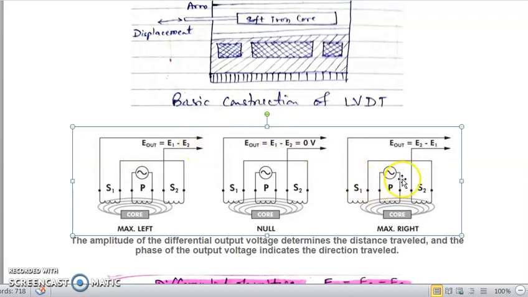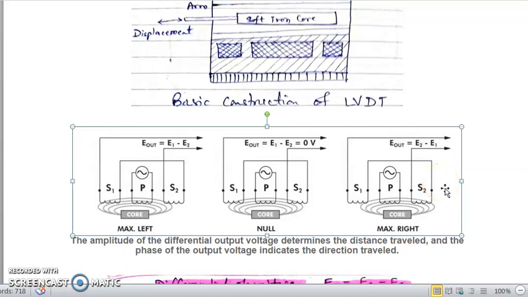And if in the general equation E1 minus E2 the core is at the right side position, at that time since E2 magnitude will be greater, the output will be negative, and that negative sign will indicate the right side movement.